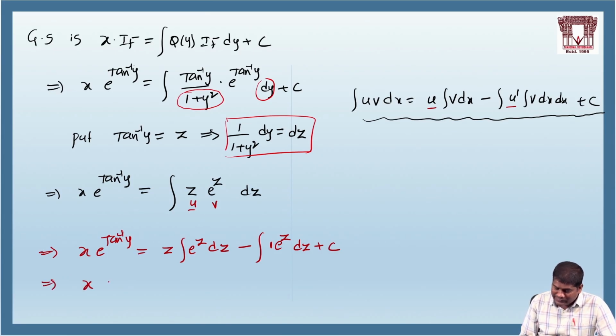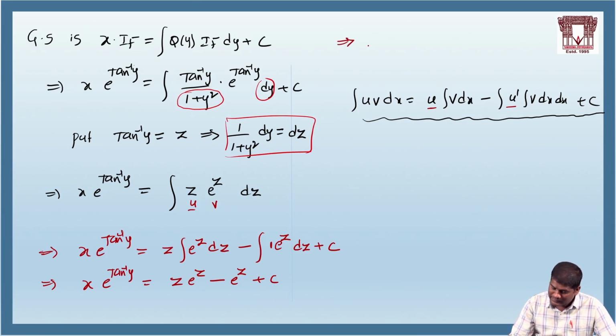Then x e^(tan⁻¹y) equals z times the integral of e^z, which is e^z, minus the integral of e^z, which is e^z, plus some constant c. Here e^z is common, so we write x e^(tan⁻¹y) equals (z − 1) e^z plus some constant c.